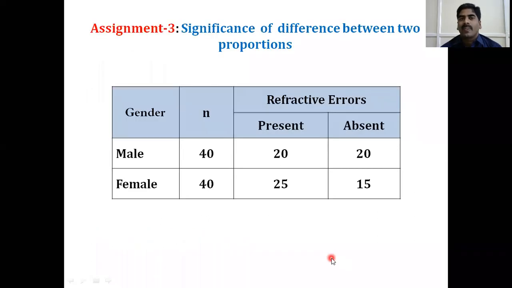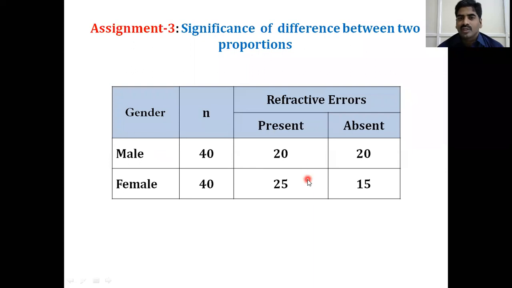Next, this is the assignment. Please note down, you can calculate the significance of difference between two proportions. Refractive errors in males: 20 out of 40, so you have to calculate the proportion here, 20 by 40 into 100, 50%, and refractive errors present in females 25 out of 40, 25 by 40 into 100, it is 62.5%.